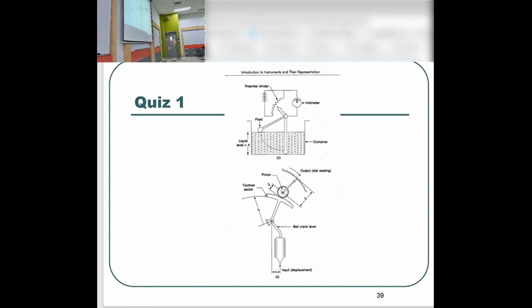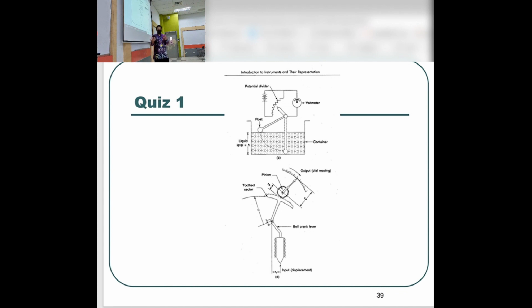This one is just to make sure you have a mindset of how to design and how to recognize those four basic functions: first is the sensor element, then the signal conditioning element, the signal processing element, and the data presentation element. So throughout this exercise, hopefully you get the idea.